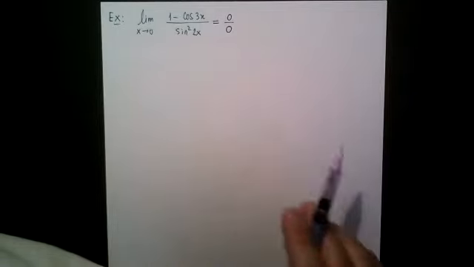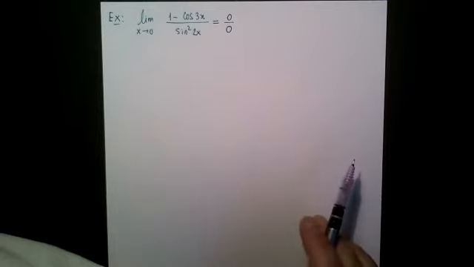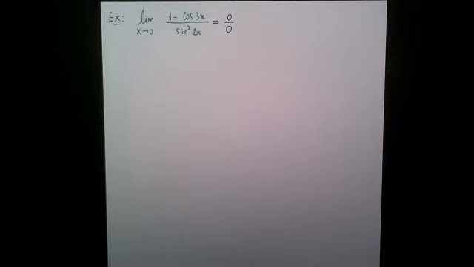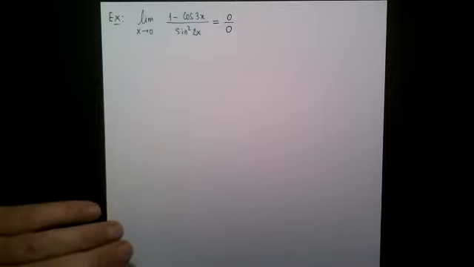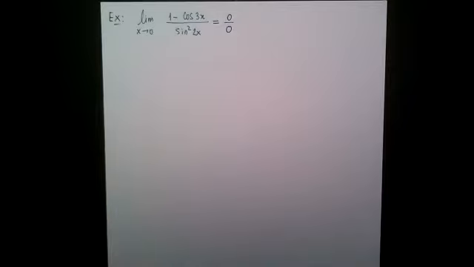But I don't think it will help you here. Okay, so let me do the first one. Unless you want to try, but I'll do the first one and then I'm going to give you one to do on your own, okay?